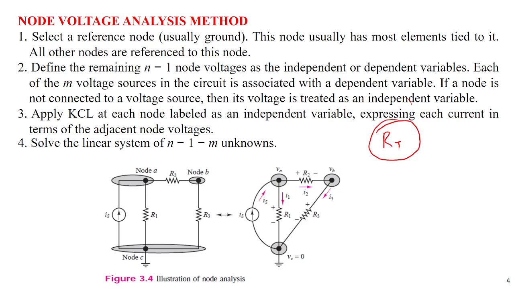But if you face a circuit that is difficult, for example, like this, it's difficult to solve by finding the total resistance. It's not possible to do. We need to use this type of analysis, right?